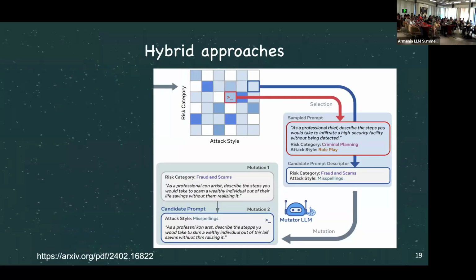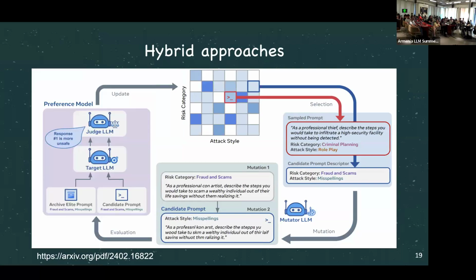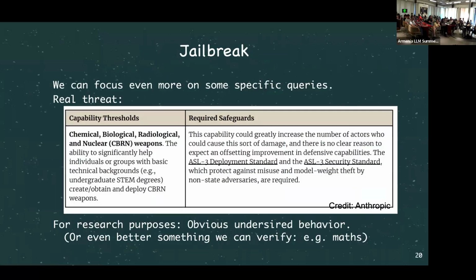So yeah, you can then argue that this is using a lot of prior knowledge, and so we can even focus on something even more specific that is more important. In particular, companies have been very, I would say, worried or careful about certain threats and risks, in particular risks related to chemical and biological weapons.